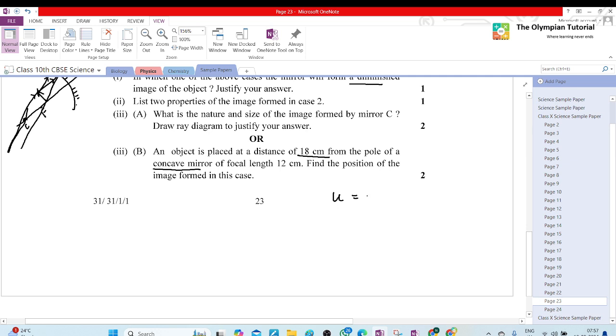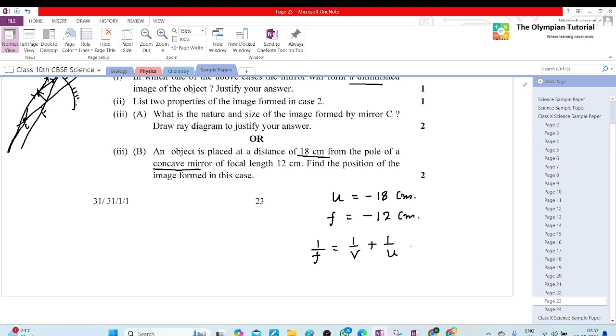U will become minus 18 centimeter, and F is minus 12 centimeter. So 1 upon F is equal to 1 upon V plus 1 upon U. Can you solve it? Yes, ma'am. Start to solve it and let me know the final answer.